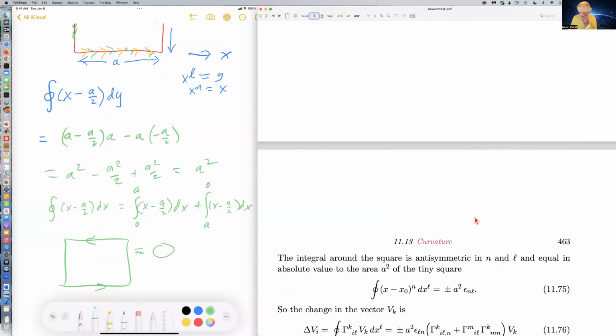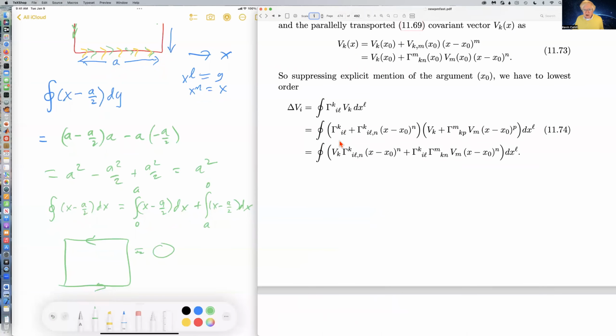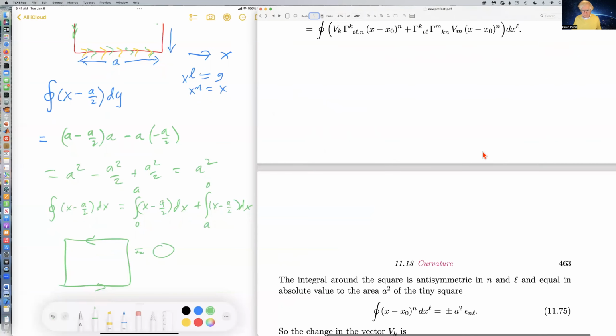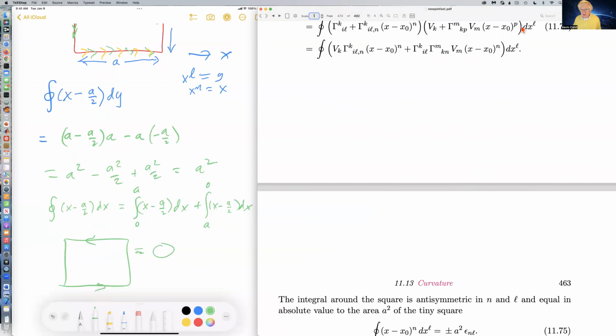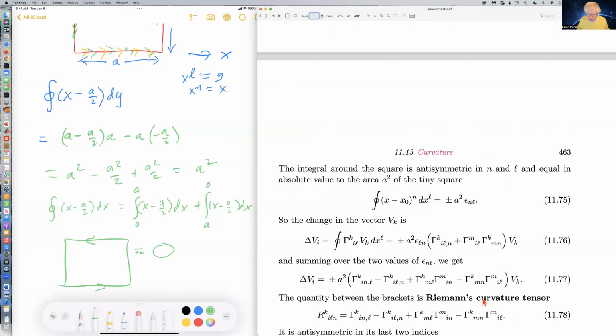All right, now back to the curvature business. So what we've got is the change in the covariant vector v when we parallel transport around this little loop. Here it's just generally a loop, but now if we say it's a square, then the integral of (x minus x0)^n dx_l is plus or minus a squared, and it's anti-symmetric in n and l, and it's 0 if n is equal to l.